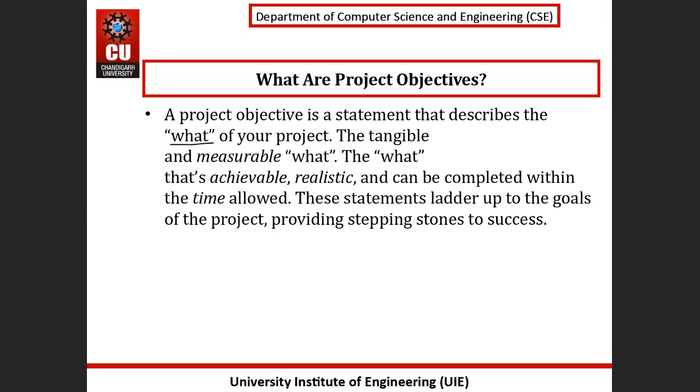These statements ladder up the goals of the project, providing stepping stones to success. As I have already discussed, the objectives should be measurable, achievable, realistic, and should be completed within the allocated time frame.